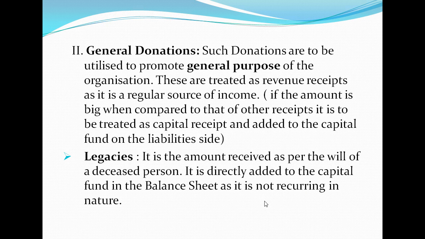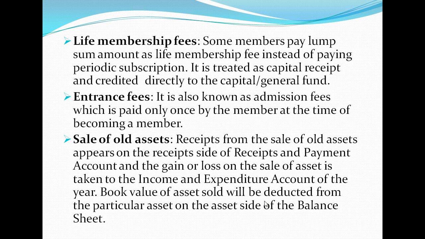Hence, it is not recurring in nature. It is called a capital receipt and it should be added to the capital fund. The other item that we are going to discuss is life membership fees.